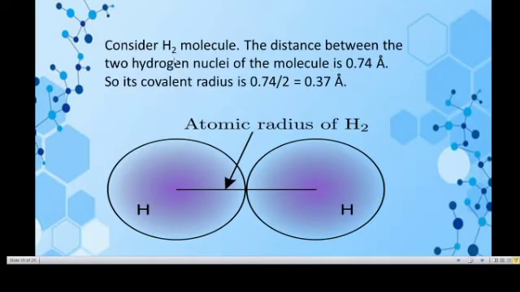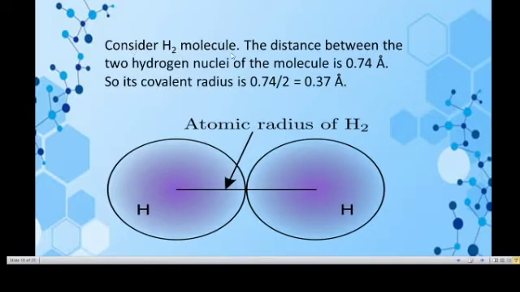Here consider the H2 molecule. Hydrogen is a diatomic molecule. The distance between the two hydrogen nuclei of the molecule is 0.74 angstrom.